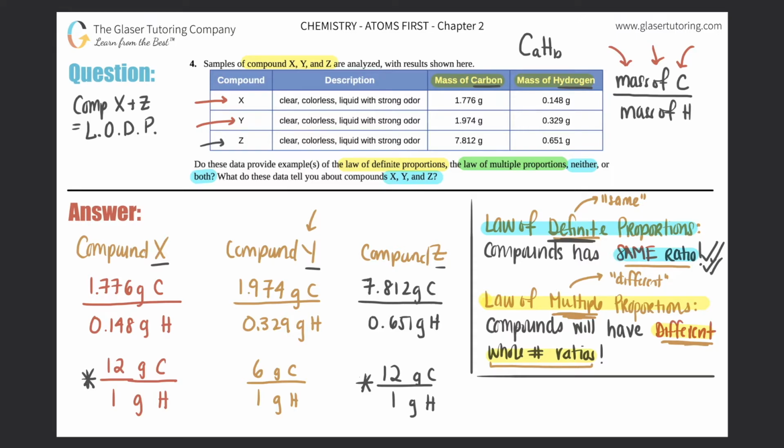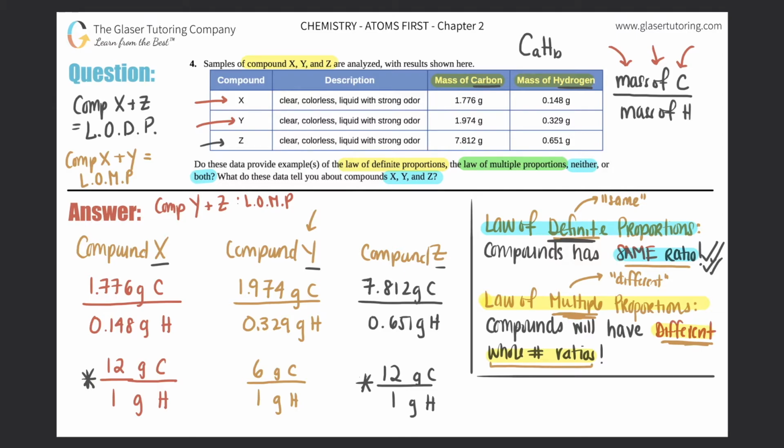So we can say compound X and Y show law of multiple proportions because they're different whole number ratios. And the same thing goes for compound Y and Z, because it's also 12 and 6. So that's also the law of multiple proportions.